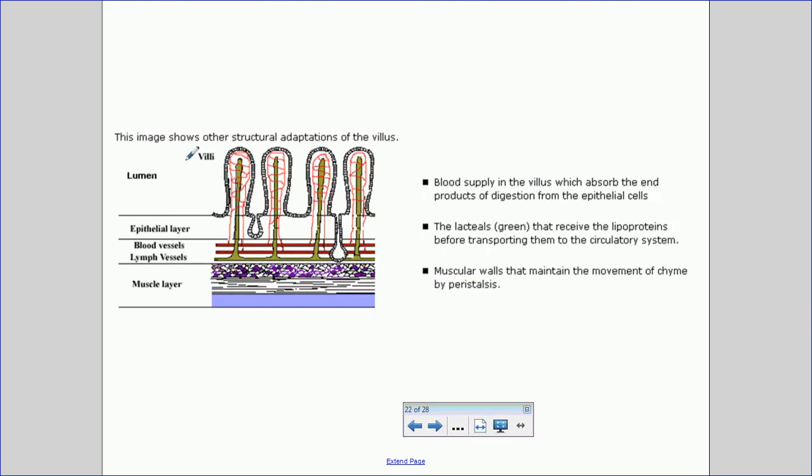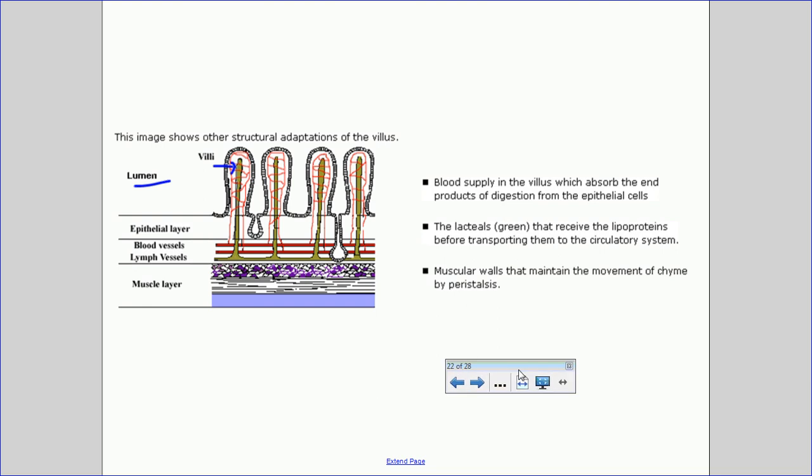This image here shows the structural adaptations of the villus as well. Here you have the epithelial layer where nutrients get absorbed. We have the lumen where the food, or the nutrients, will be found. From the lumen, nutrients will be absorbed from the epithelial cells into those blood vessels, which will then transport them away to the liver.